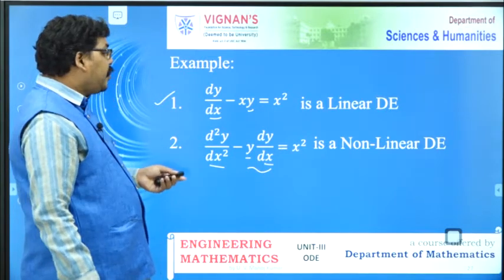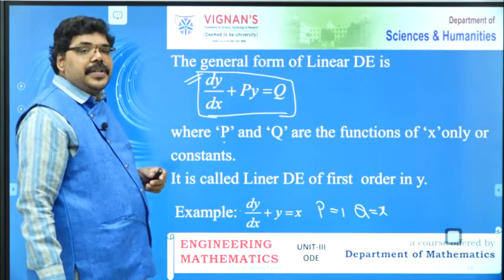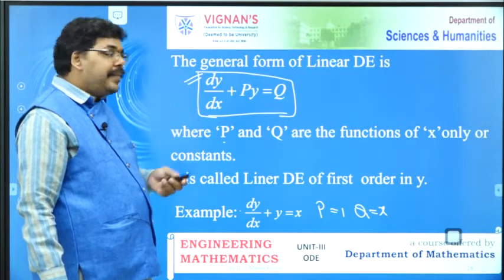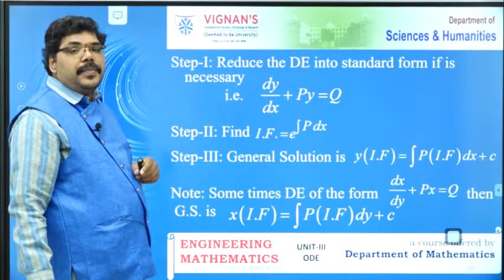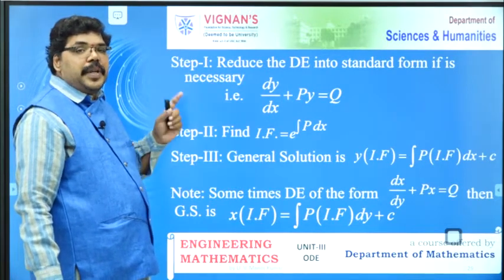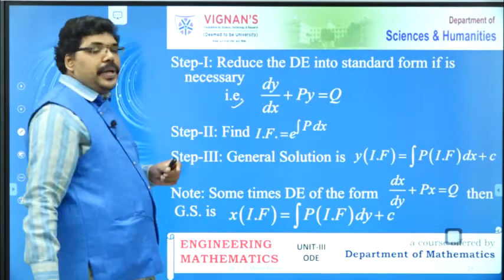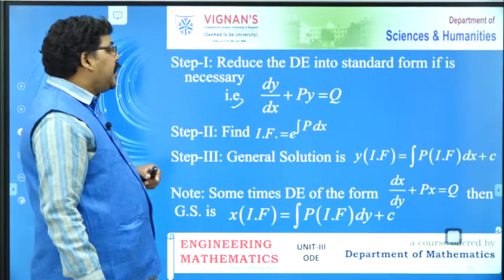This is not linear because the dependent variable and its derivative are multiplied together. Okay. So after seeing the general form of first order linear differential equation, let us see how to solve it. This is the standard form: dy by dx plus p into y equals q. In step 1, you write the given differential equation in the standard form.